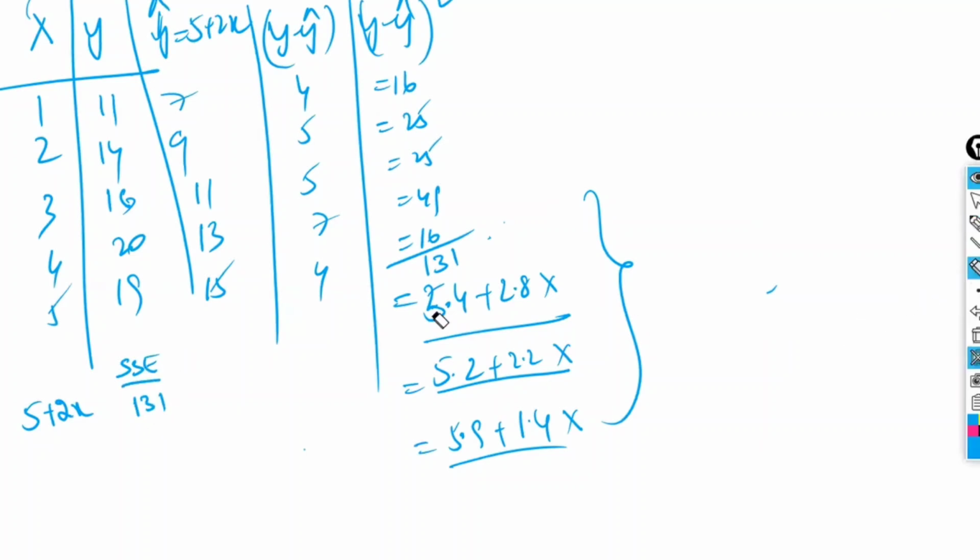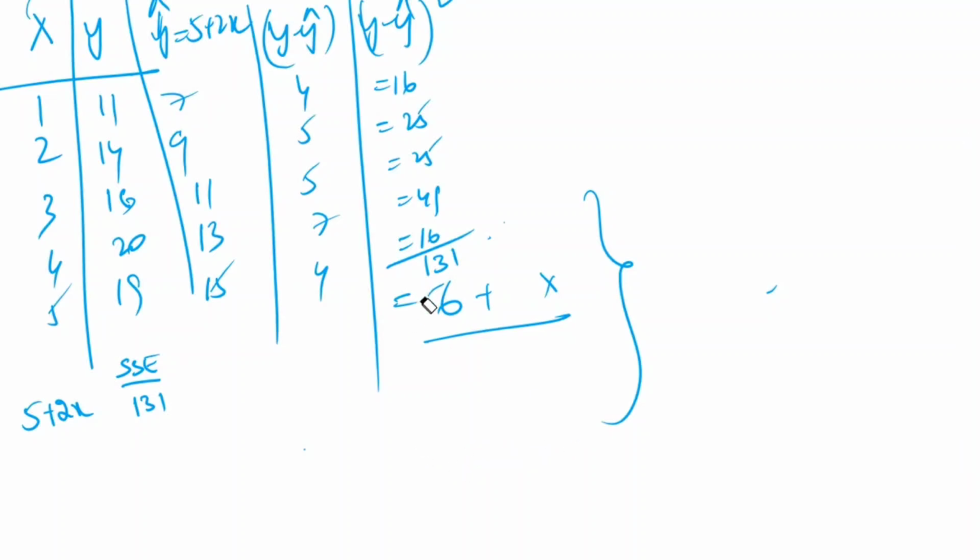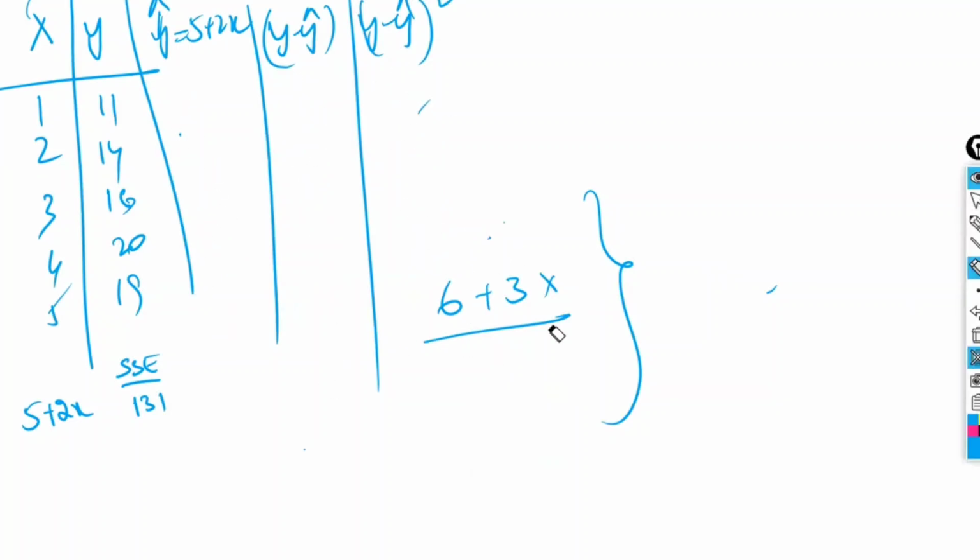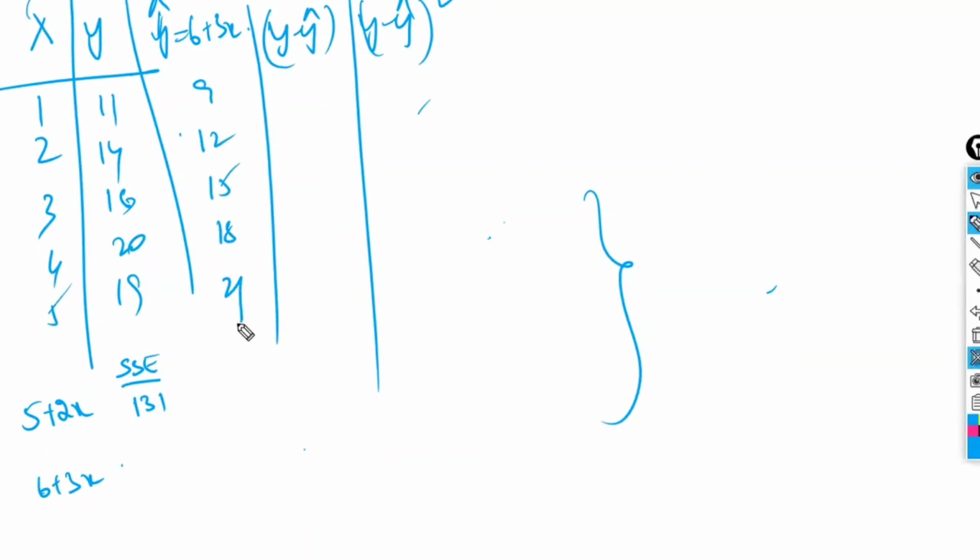Now, instead of 5.4, let us take a simple one: 6 plus 3x. Let us take just 2 equations. What are the y hat values for 6 plus 3x? They are 9, 12, 15, 18, and 21.